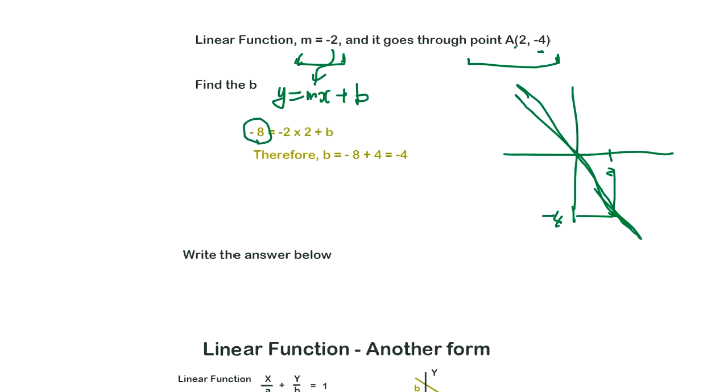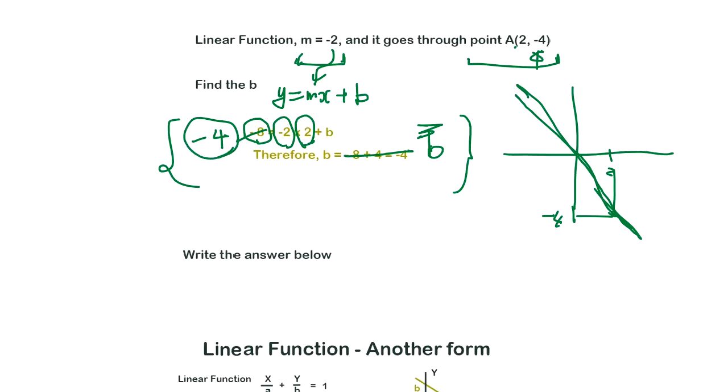So x is 2, and y is not negative, that's wrong, y is negative 4, right? Then b is 0. This answer is wrong. Okay, you have to look at this. Negative 4. Why is it negative 4 when x is 2? So you plug in x, and m is negative 2.